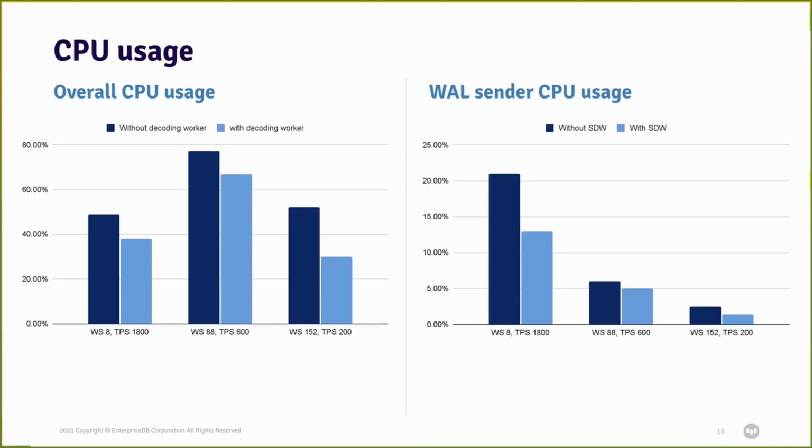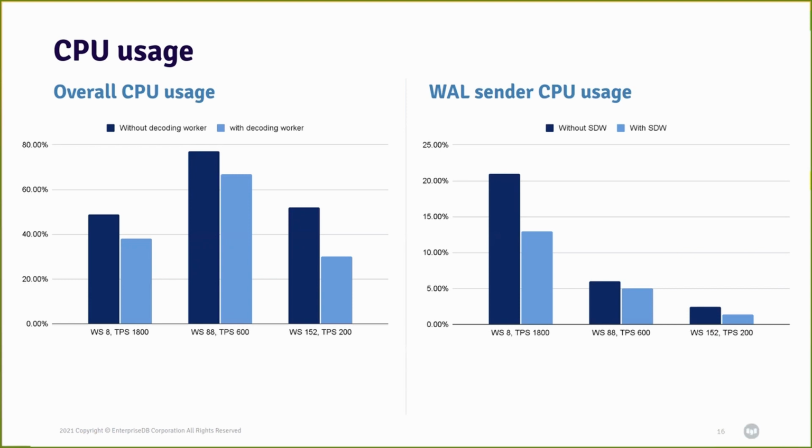With 88 WAL senders, 600, and with 152 WAL senders, we ran TPS of 200. This combination of WAL senders and TPS is slightly arbitrary, and it was meant to not overload the system and keep the measurement stable and reliable.